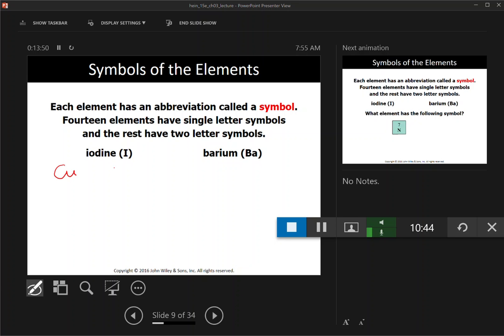If I say, let's say, Co, this represents the element cobalt. Now, if I write capital C, capital O, this does not represent cobalt.